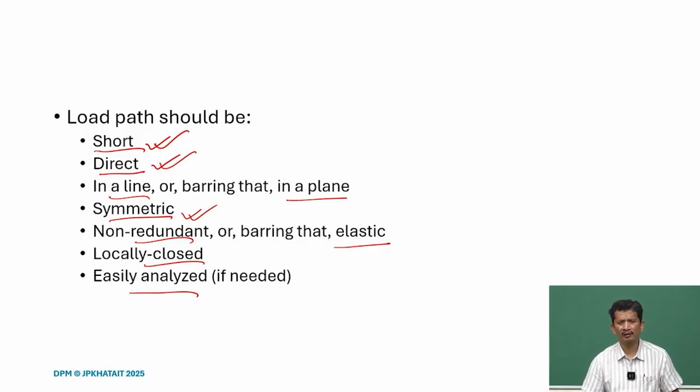We know exactly which part is going to fail, or if it's a large load, then which part has to be designed for that particular load. So, if we know for sure what kind of loading is there, then it's always better, and we can always calculate in the beginning itself.